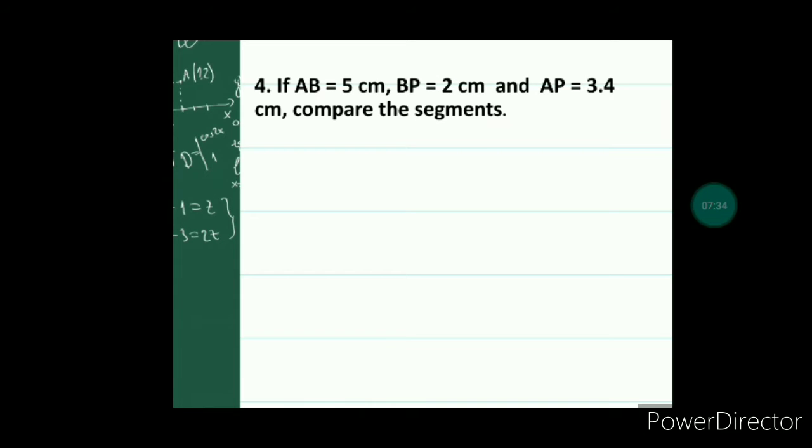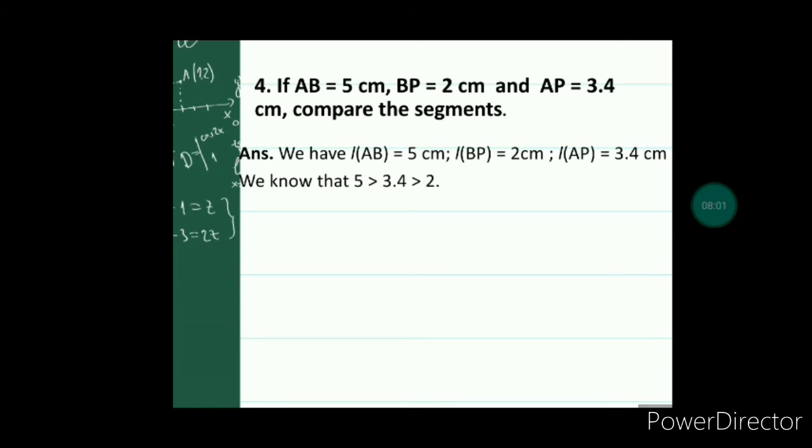Fourth question is, if AB equal to 5 centimeter, BP equal to 2 centimeter, and AP is equal to 3.4 centimeter, compare the segments. We have length of AB is equal to 5 centimeter, length of BP equal to 2 centimeter, length of AP equal to 3.4 centimeter.